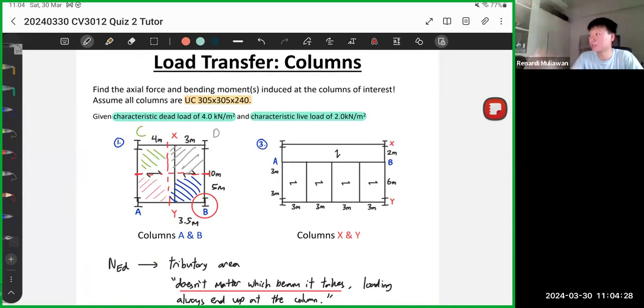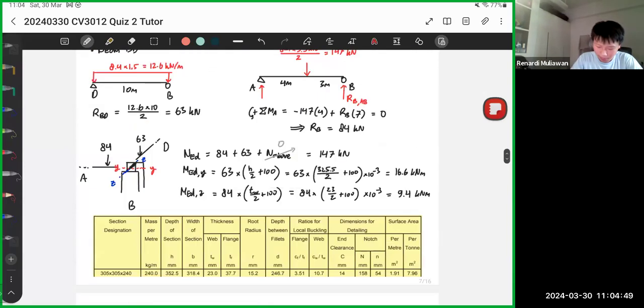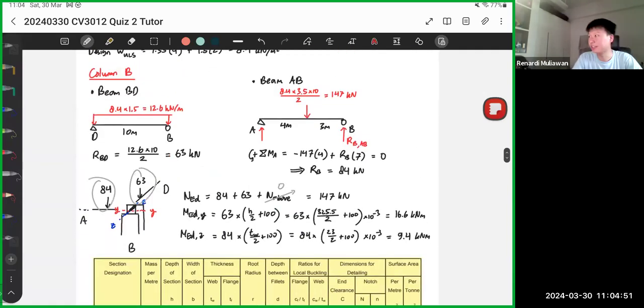Okay, ignore the beams, take the midpoints. Okay, like this one, if you do the beams one by one, it's quite crazy lah. So usually just take like this, done. Only for NED, okay? Only for NED. Because for MED, you need the reactions from each beam.